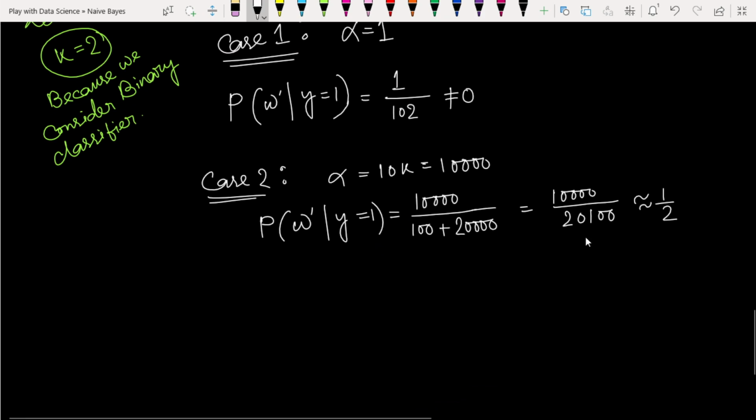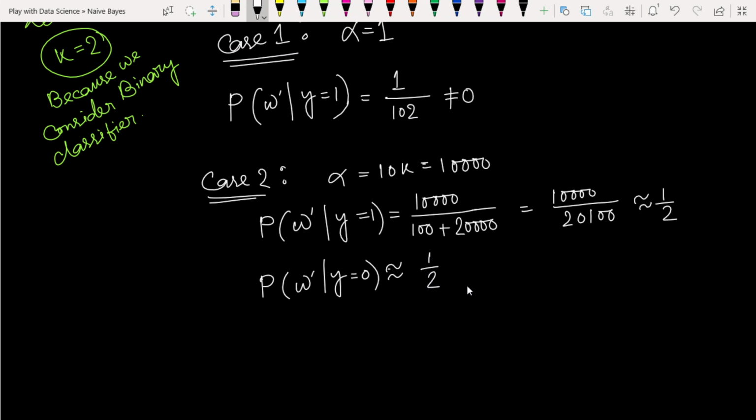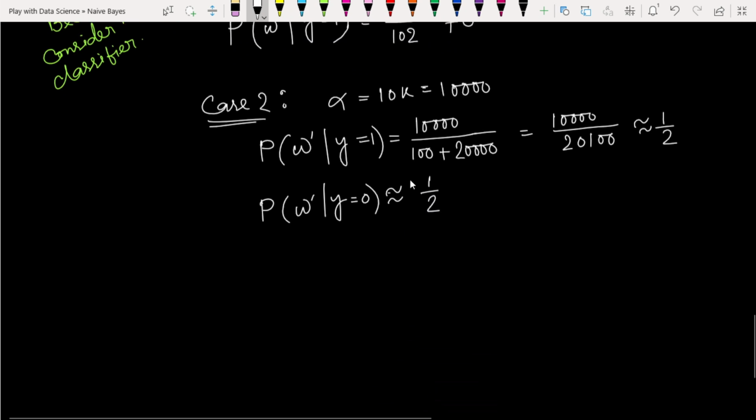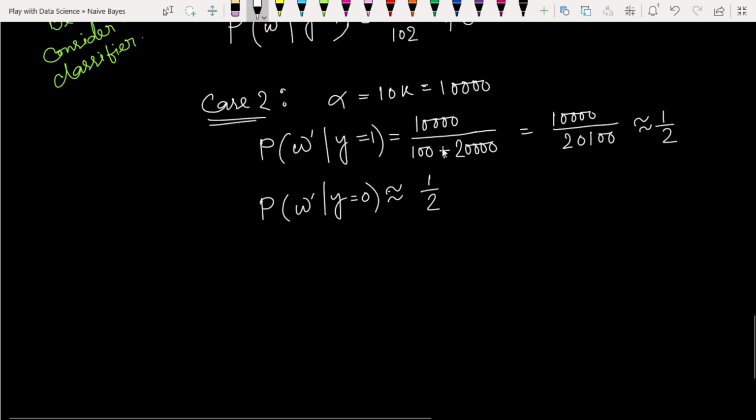If this probability tends to half, then similarly for w dash given y equal to 0 it will also be half. So if we increase alpha, both the probability for class 1 as well as for class 0 tend to half.